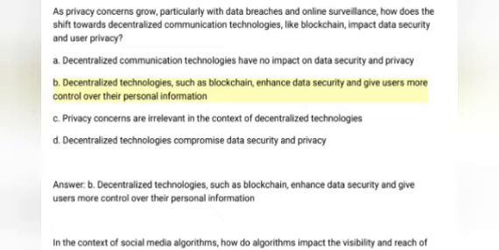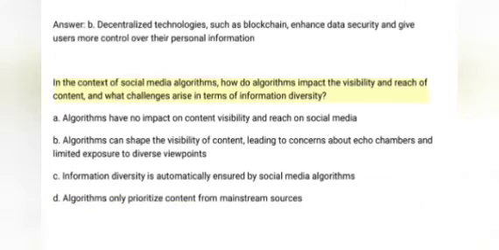C. Privacy concerns are irrelevant in the context of decentralized technologies. D. Decentralized technologies compromise data security and privacy. Answer: B. Decentralized technologies, such as blockchain, enhance data security and give users more control over their personal information.